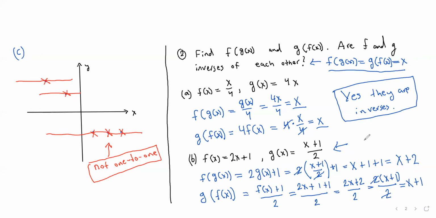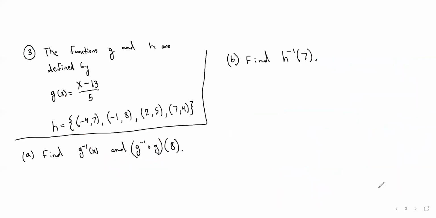So for part B, no, they are not inverses of each other. They could be inverses for different functions, but not for each other. So no to the second part of the question.